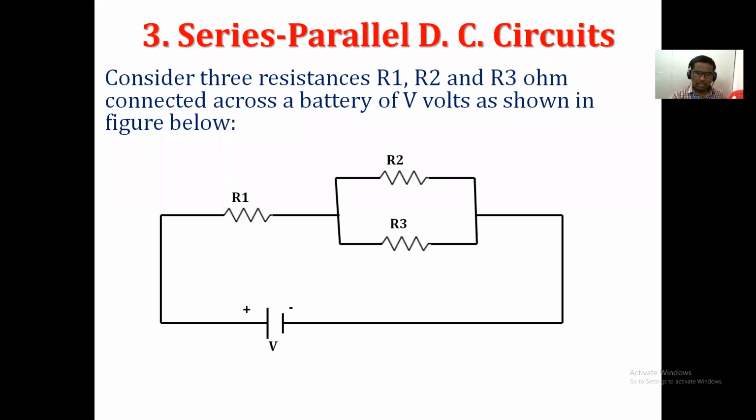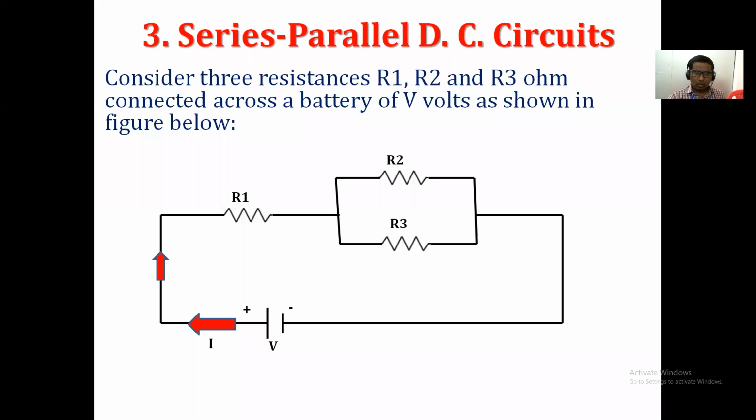So the question is how the current can flow through this series-parallel circuit. Let's assume current I. As we know, this is the basic property of current: it always starts its journey from the positive terminal of a battery. So the current I starts from the positive terminal.